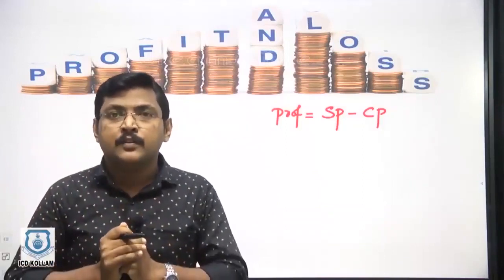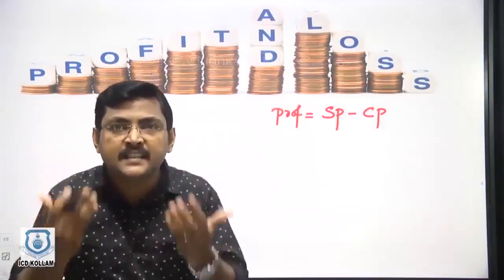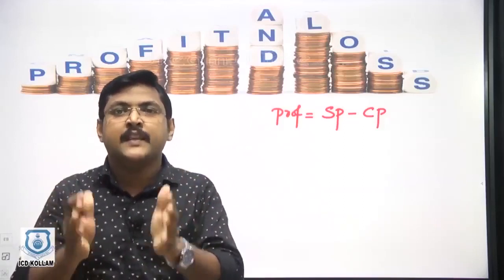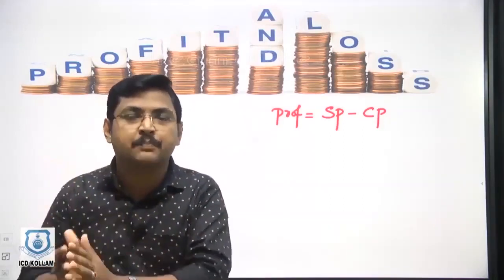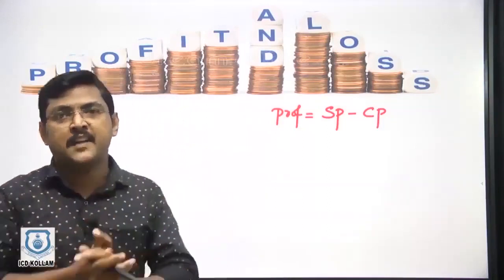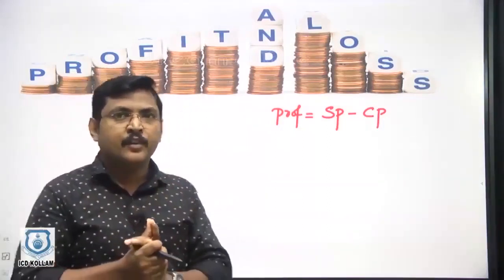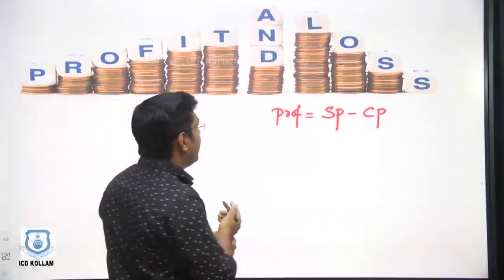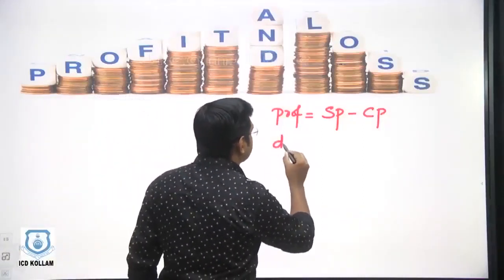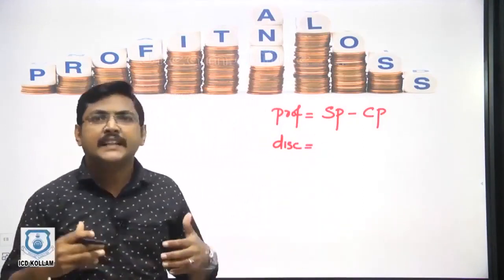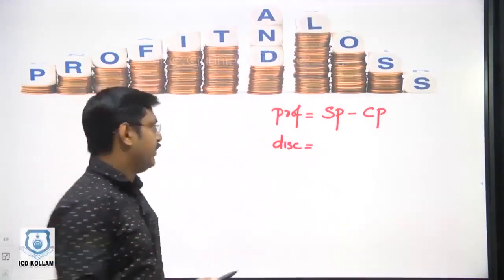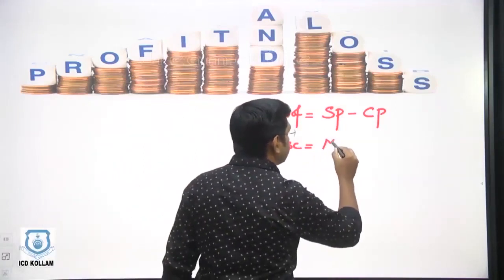Remember that point. The reason is, if we apply a discount on the product, that discount is applied on the marked price. As a result of that, you will get the selling price. Hope this idea is clear, right? Next, the term I am dealing with is discount. If we need to find the discount, first remember that we should know the marked price.